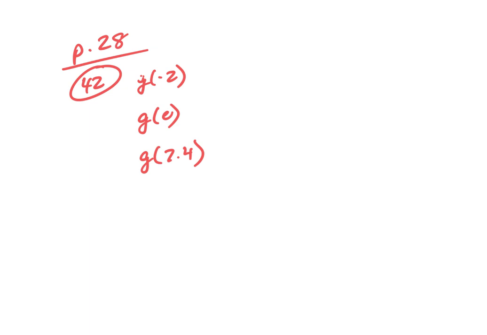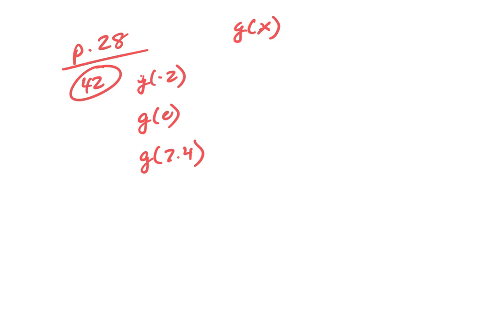Now here's what we have to remember. This number represents what? When I say evaluate g of negative 2, what number is negative 2 really the same as? If I write function notation, like g of x, what number is always in the parentheses?